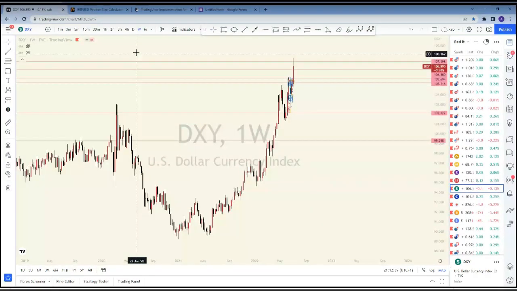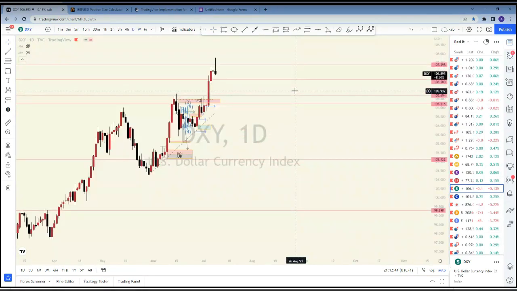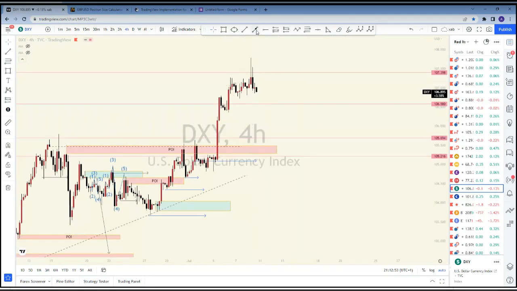Nonetheless, the daily time frame has given us this interesting rejection candle, which may or may not play out. But my expectation is that we wait to see something like this before we can consider a possible push back to the top.